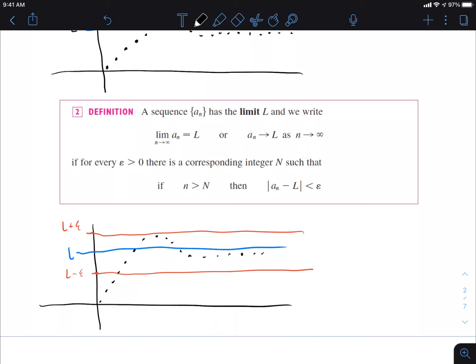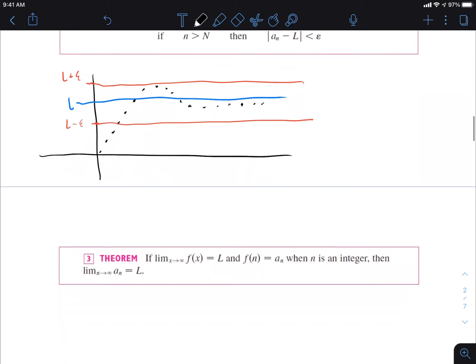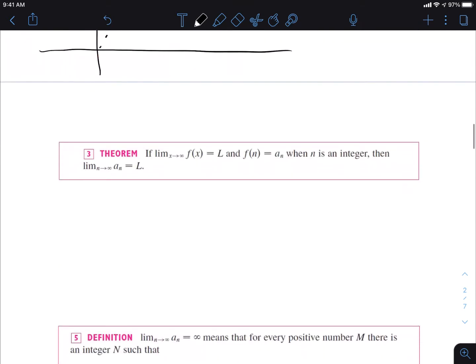So now to go on to the next thing, it's a theorem. And all this theorem is saying is, in fact, what we've been pointing at: if the limit of a function as it goes to infinity is equal to L, then the sequence a sub n is going to have that same limit. So, let me show you.